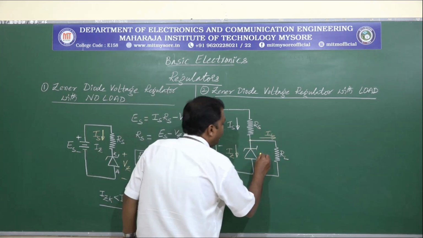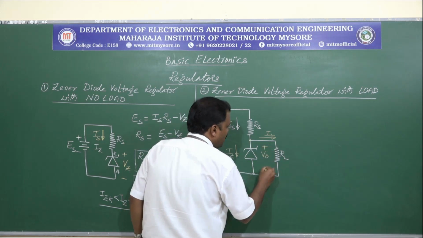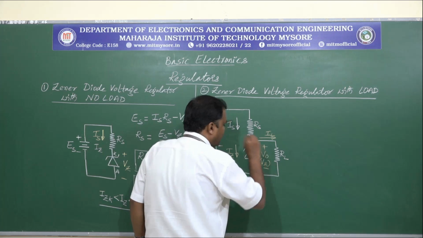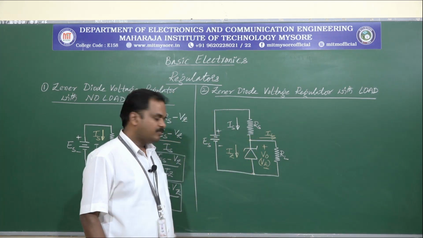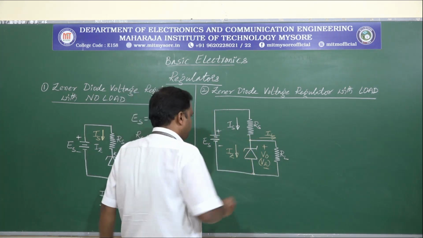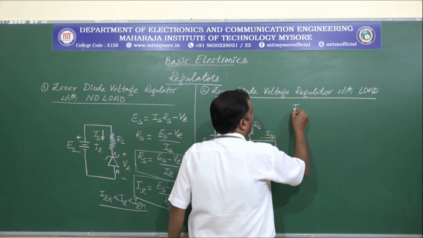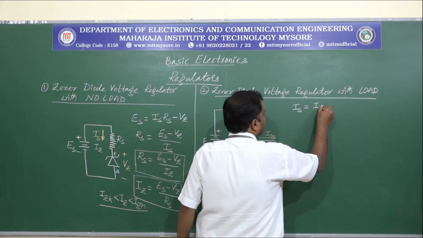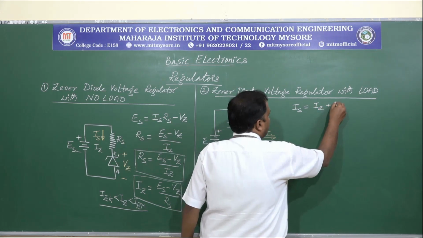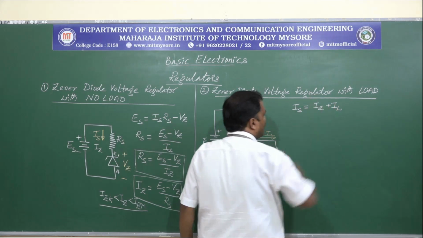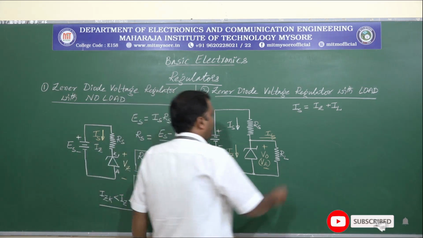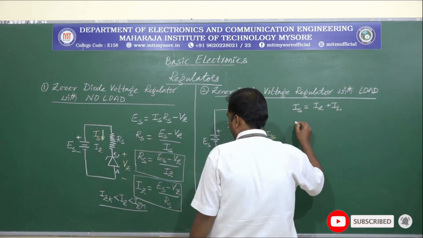And here we have the output voltage V0, or this can also be called Vz. So now Is can be written as Iz plus IL, right?